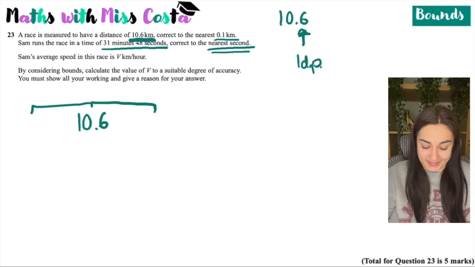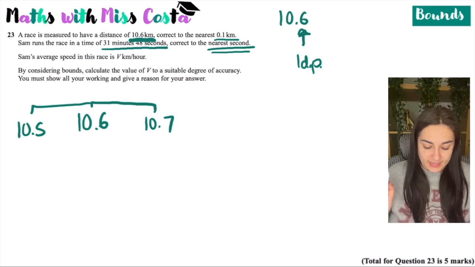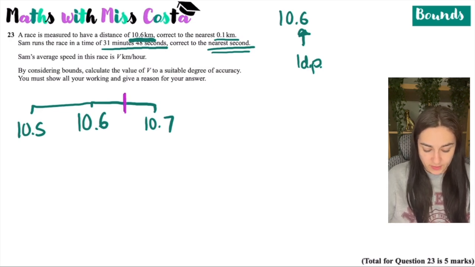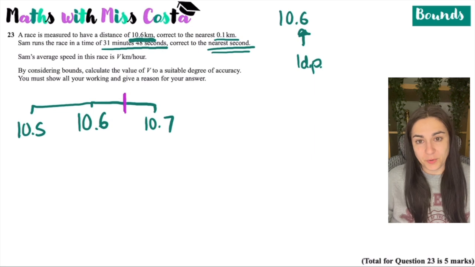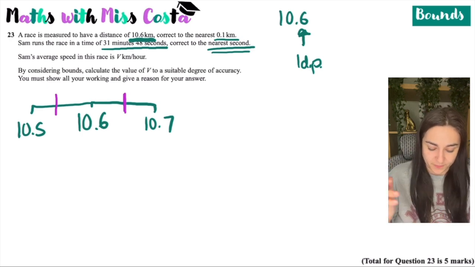That would be 10.7 or 10.5. Now, to work out your upper bound, you're going to work out the maximum possible value it could be before it would have rounded up to 10.7. And for the lower bound, it's the minimum possible value it could be before it's rounded down to 10.5. So we'd say that this would be 10.65 and 10.55.